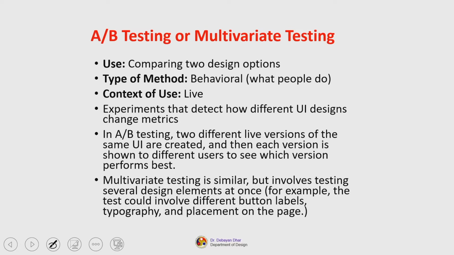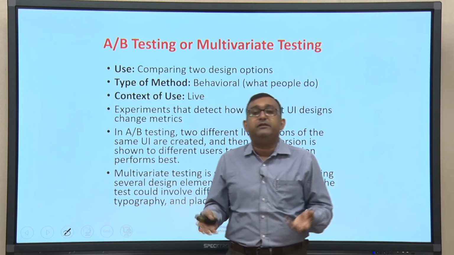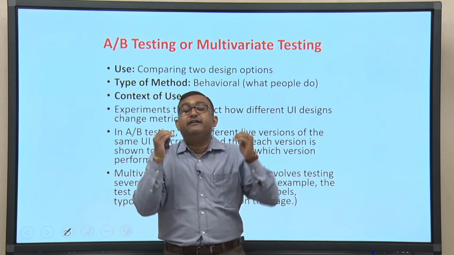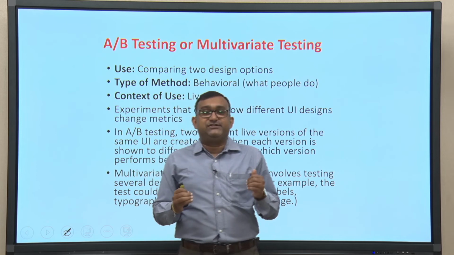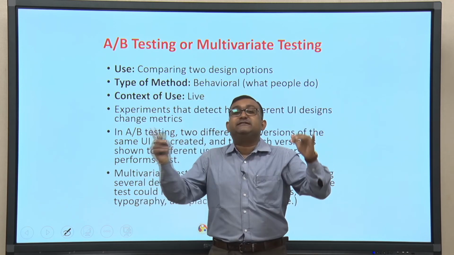In multivariate testing, you not only have one feature, but you have many features, right. For example, your test could involve different button labels, typography, placement on the page. So, different new introductions are being tested simultaneously. So, it is one versus many.